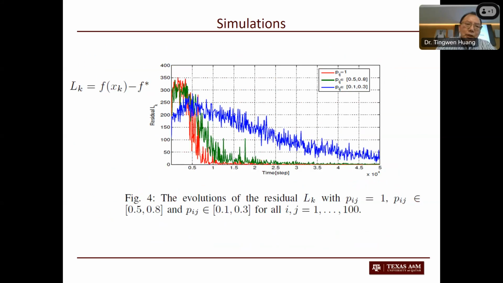Now, for these simulation results, look at here. Horizontally, that's the iteration time. Now for the blue one, that's the difference from the internet.